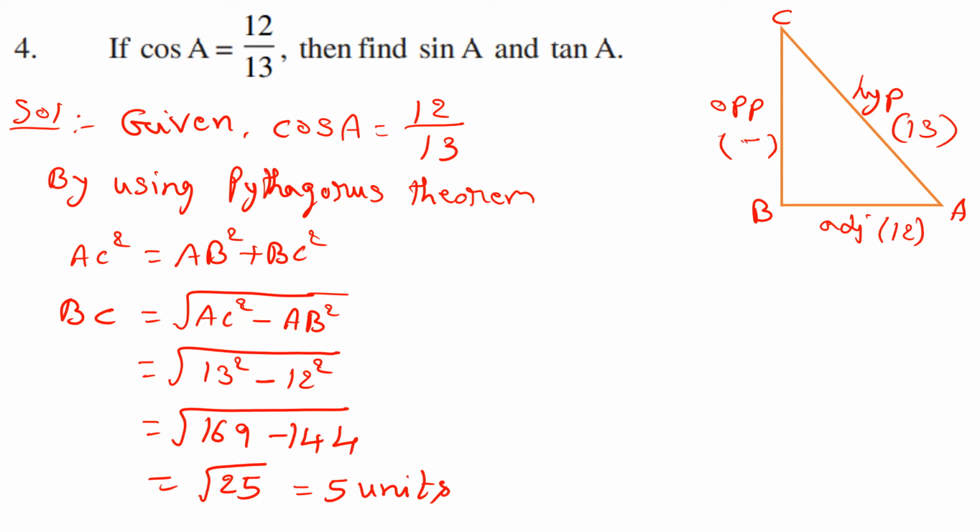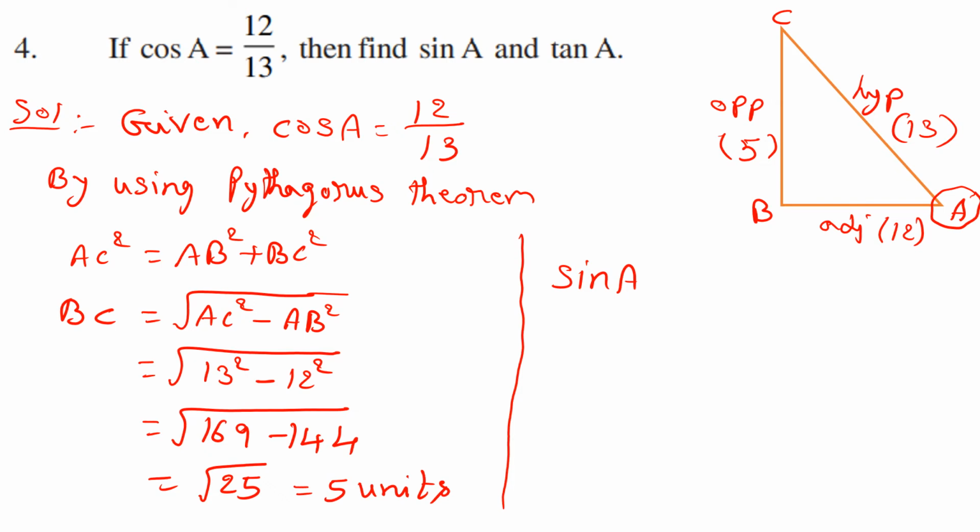Now write sin A and tan A. When you find sin A, take that A here, so you can easily identify the opposite, adjacent and hypotenuse. If they give sin C, write C here. Then we can easily identify which is opposite, adjacent and hypotenuse.